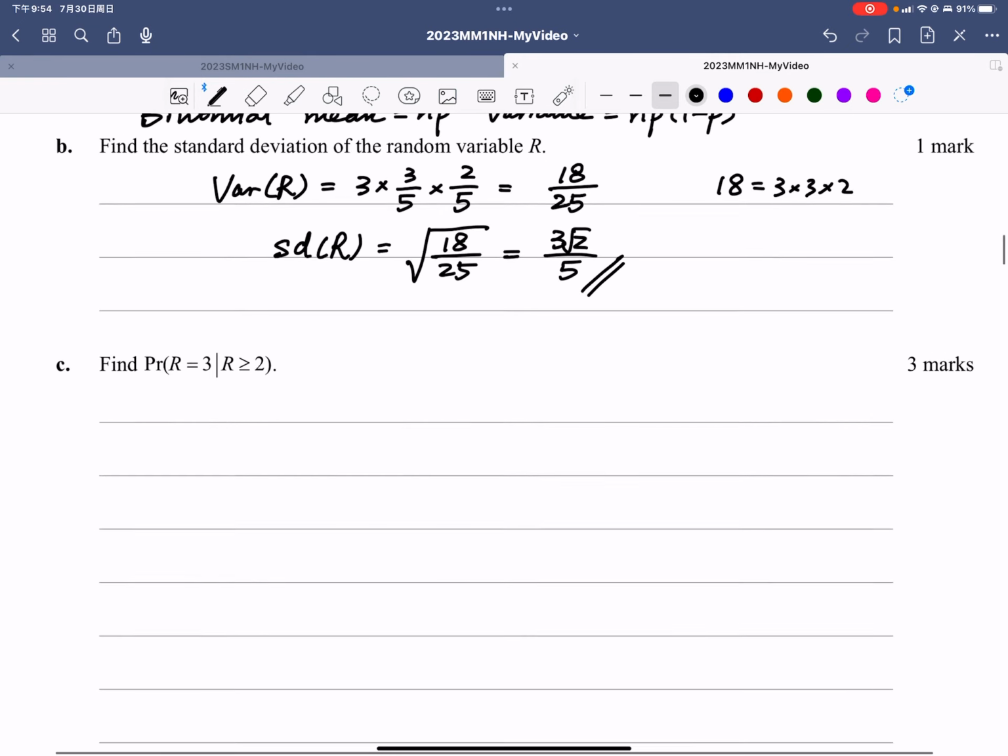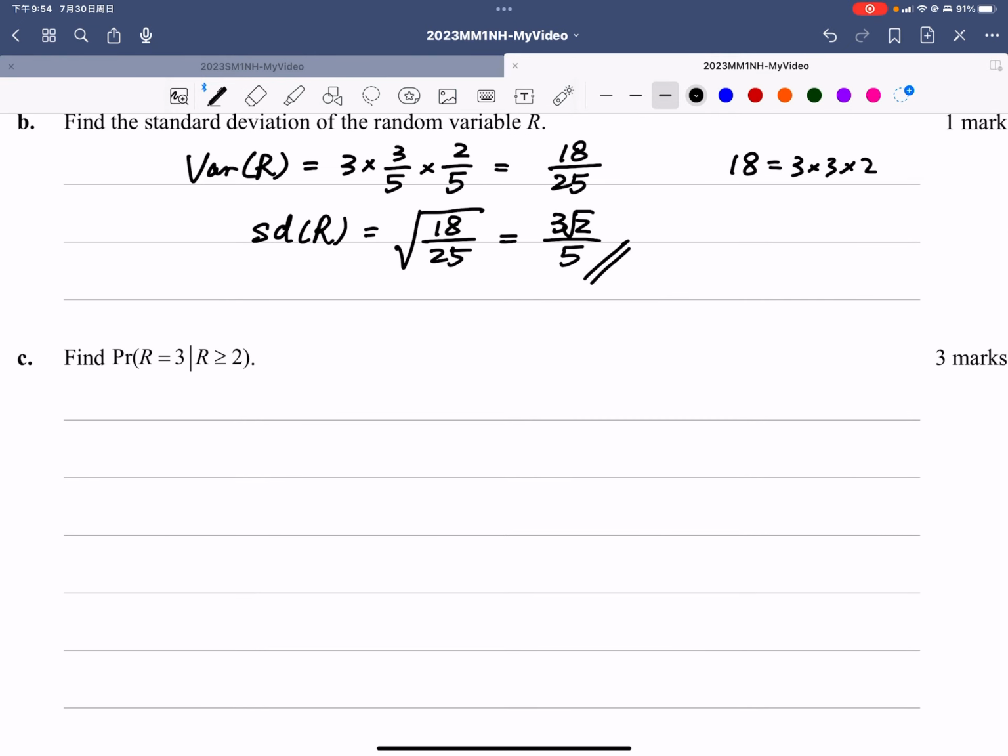All right, the next thing. Find probability R equals 3 given R is greater than or equal to 2. Standard conditional probability problem. So R equals 3 intersecting R greater than or equal to 2, divided by the probability of R greater than or equal to 2.